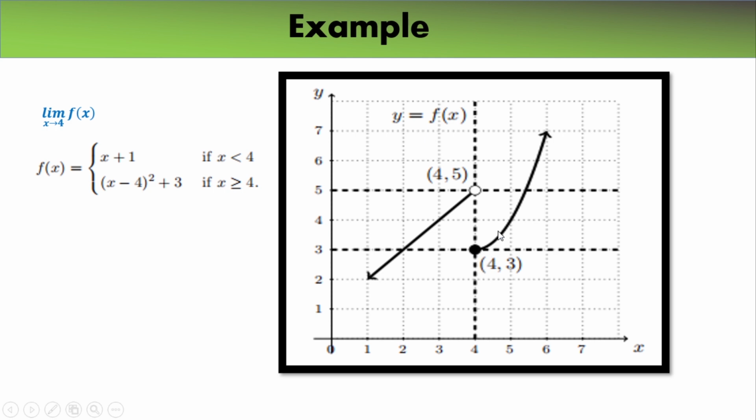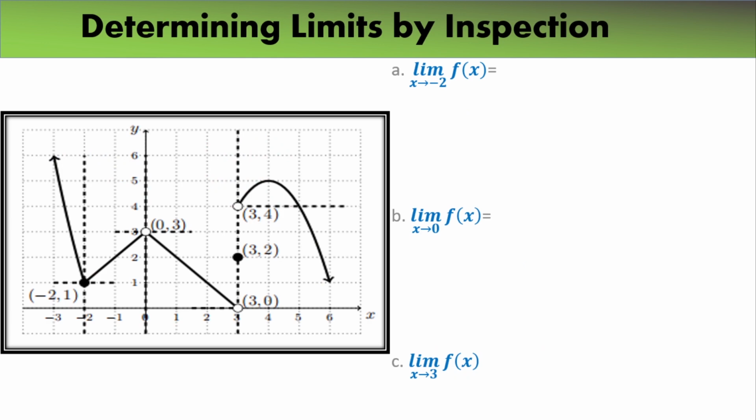Since hindi equal yung mga one-sided limits natin at hindi papunta sa common point yung mga f of x natin or yung mga y values natin, masasabi na nating the limit of f of x as x approaches 4 does not exist. Determining the limits by inspection.